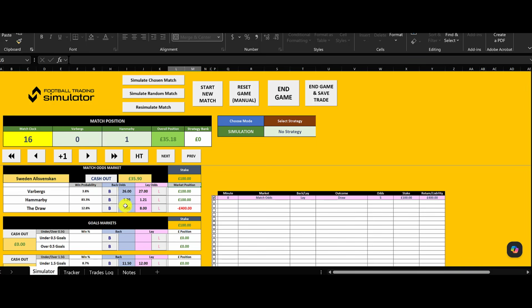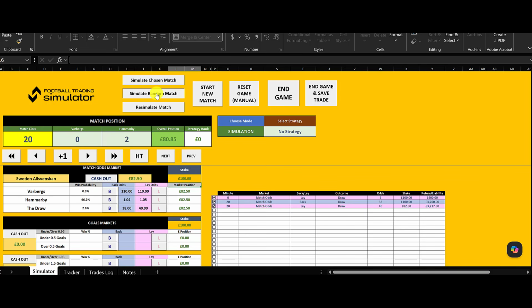Interestingly, you can now learn that if you get a goal at this time, then the price will go out to 7.8 on the draw. Okay, let's see what the next goal does for us. Well, they're 2-0 up by 28 minutes, and that draw price goes out to 38. Let me cash it out. So you've got 20 minutes of football education done for you within the space of a minute.